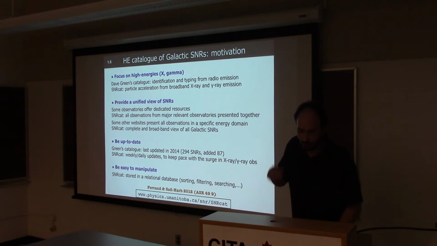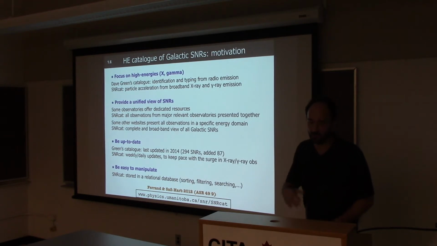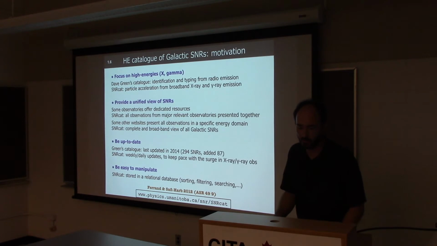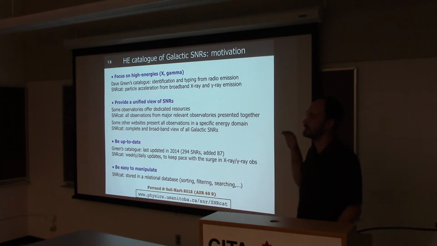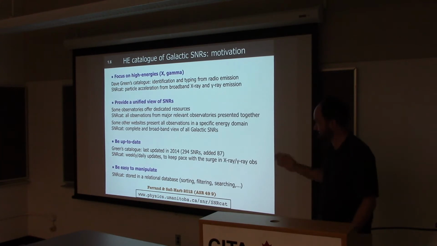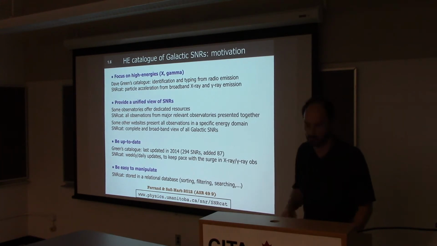But our focus was more on high energies, so X-rays and gamma rays, and here things were scattered. So the point was to provide a unified list of all SNRs, including candidates and recent observations, and something that's up to date, like in the X-ray and gamma ray domains, you get pretty much weekly updates.